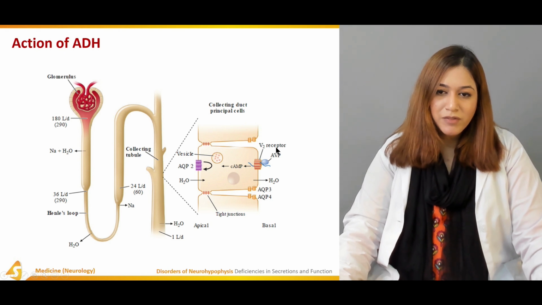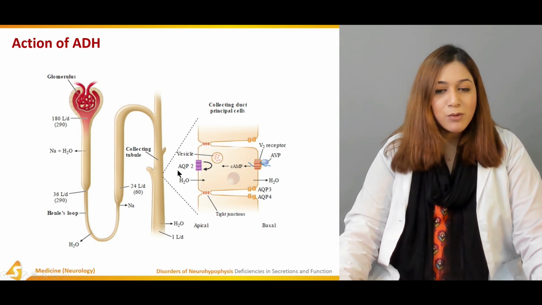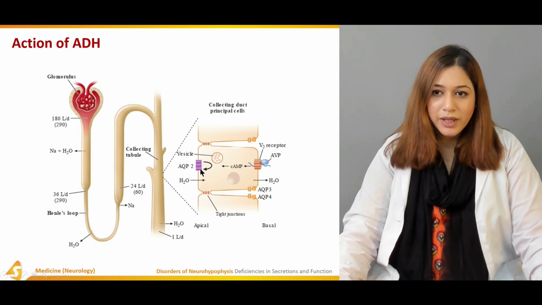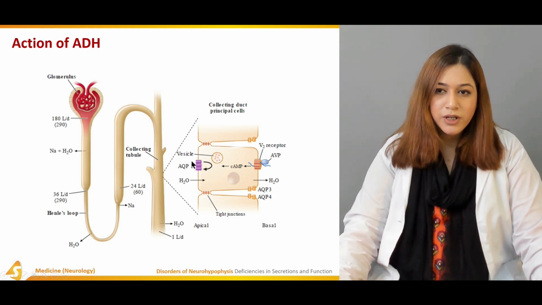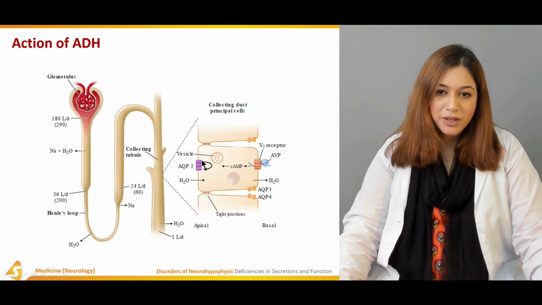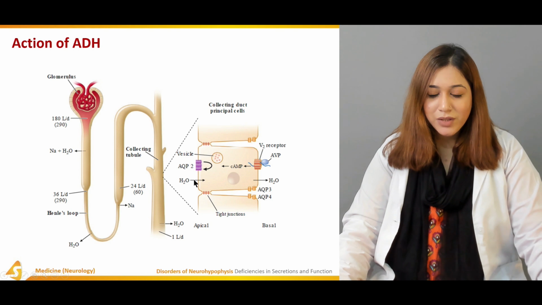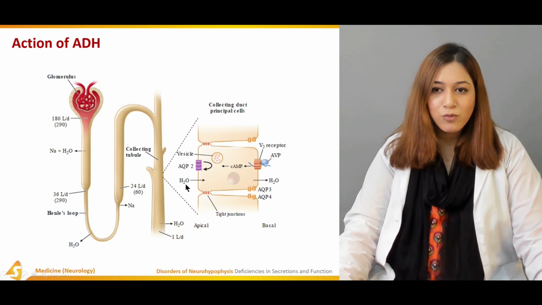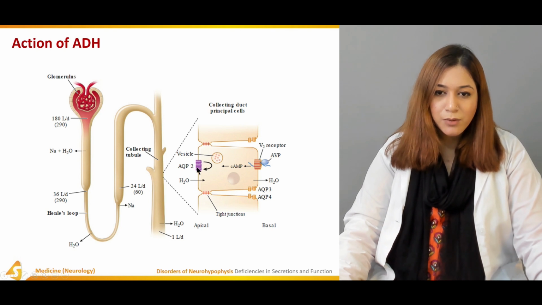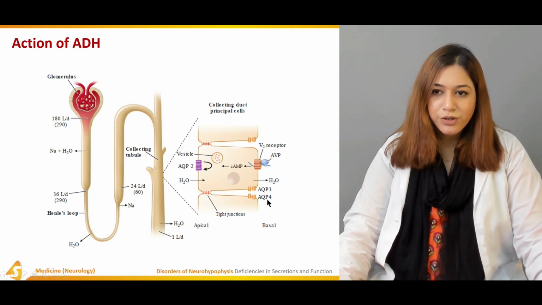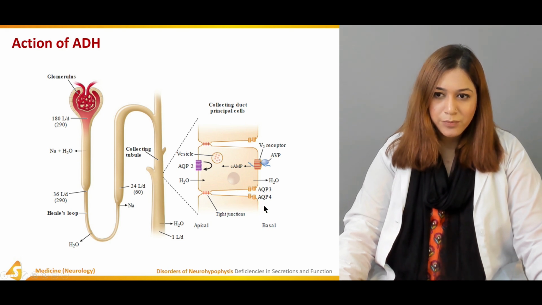So when AVP acts on the V2 receptors, it increases intracellular cyclic AMP, and the aquaporin 2 water channels get inserted into the apical membrane. The resultant increase in permeability permits an influx of water that diffuses out of cells through aquaporin 3 and aquaporin 4 water channels on the basolateral surface.